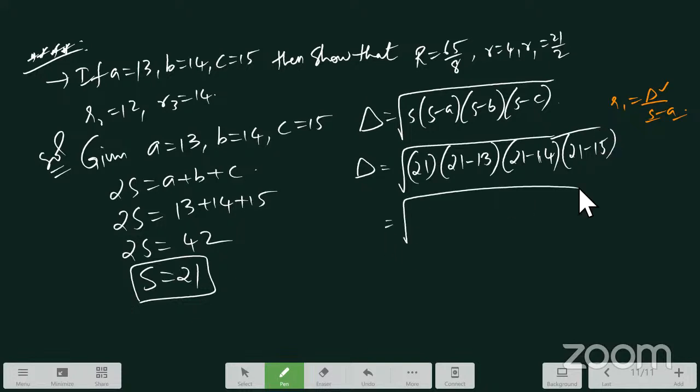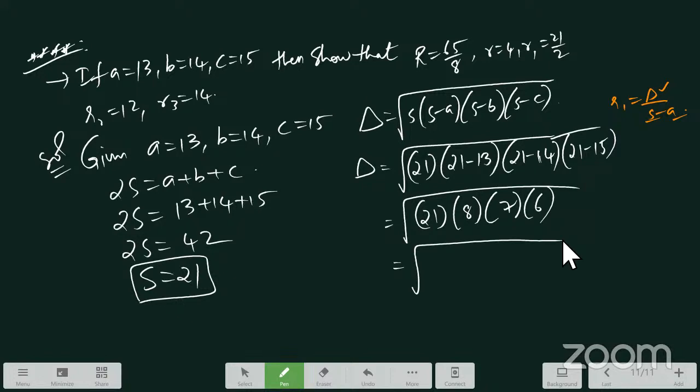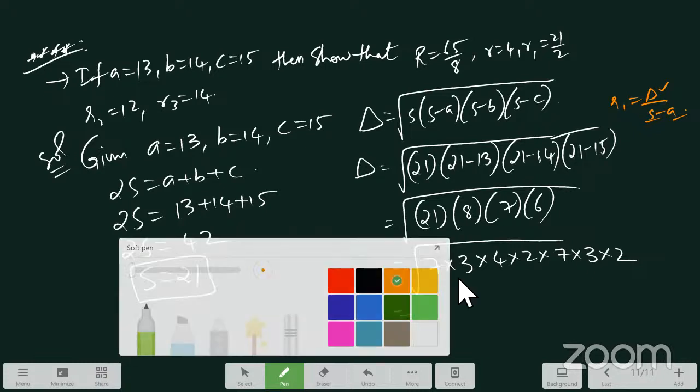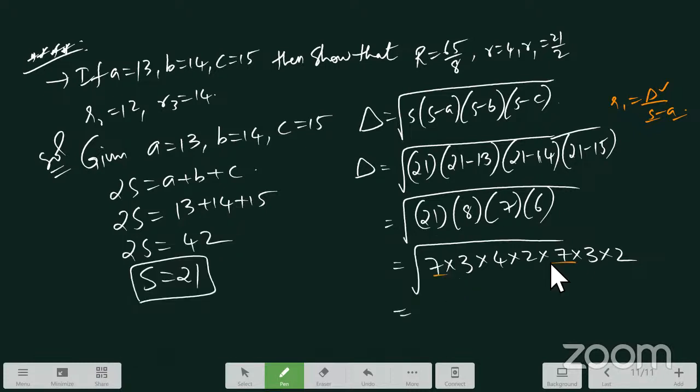That is under root of 21 into 8, 7, 6. Instead of multiplying, you separate them. 7 into 3 is 21. 4 2s are 8, 7 as it is. 3 2s are 6. So out of 1 7 and 2 7, you get 1 7 outside.